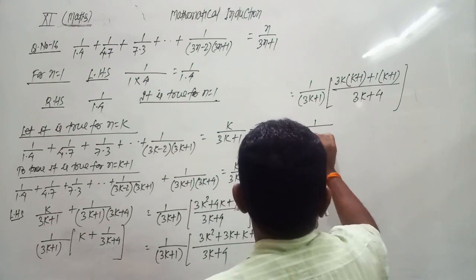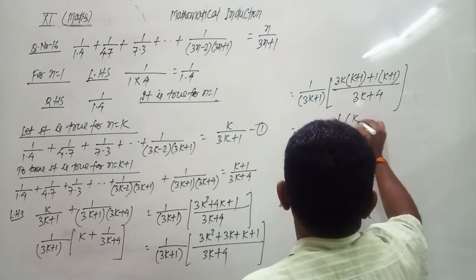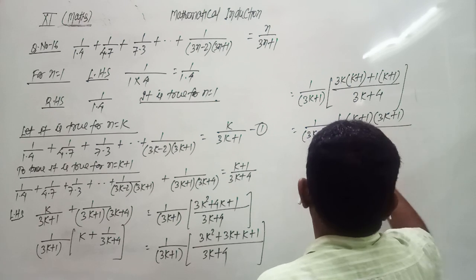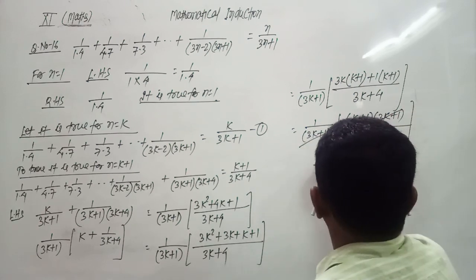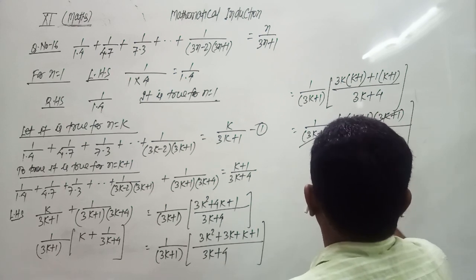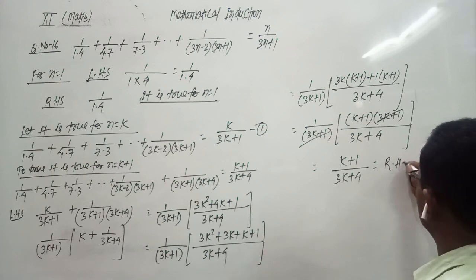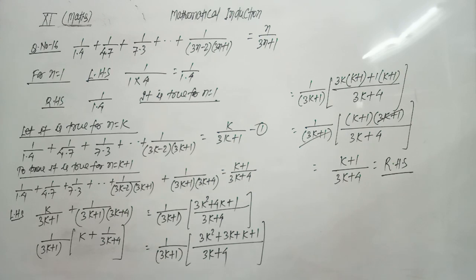So 1 upon 3k plus 1, and k plus 1 is common, k plus 1 into 3k plus 1 upon 3k plus 4. 3k plus 1 cancelled and we get k plus 1 upon 3k plus 4, which is RHS. So hence it is true for n equals to k plus 1. Hence it must be true for n equals to k and also for n belongs to N.